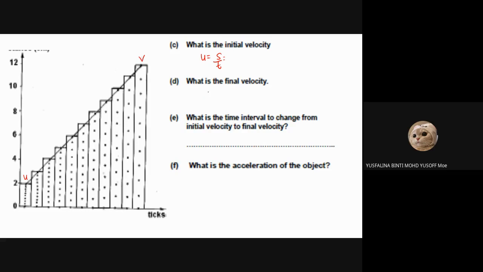So S is 12, right? The time taken for one strip here we already counted before, 0.2, because there are 10 ticks for each strip. So the total time for one strip here is 0.2. So 12 divided by 0.2 is 60.